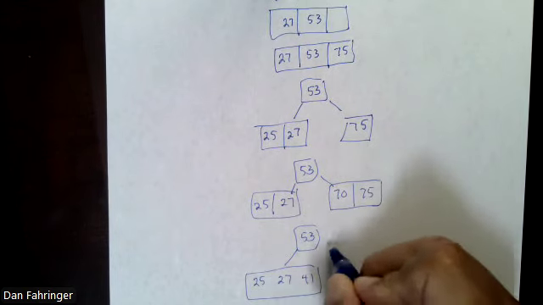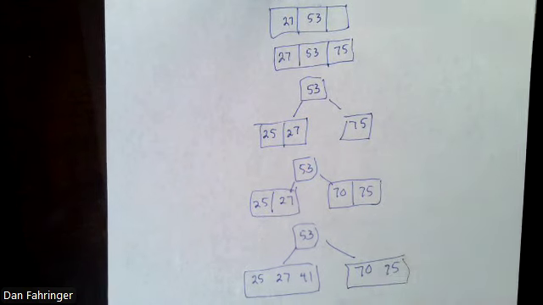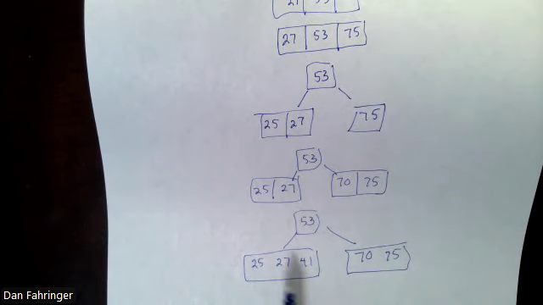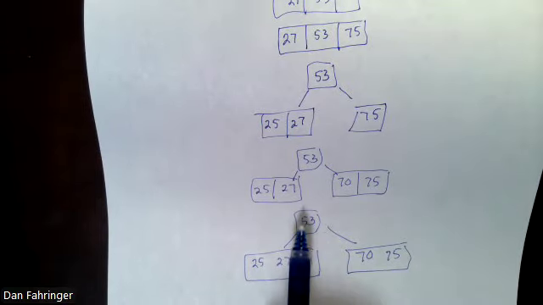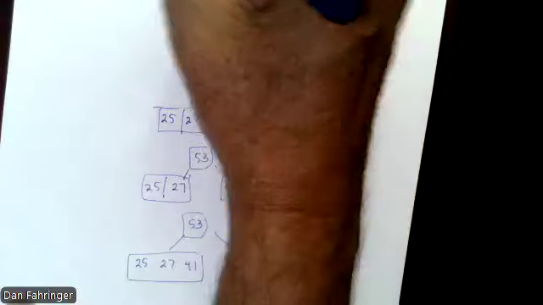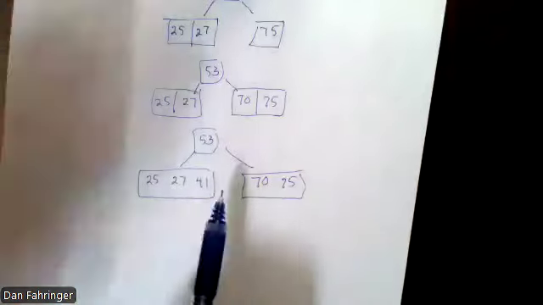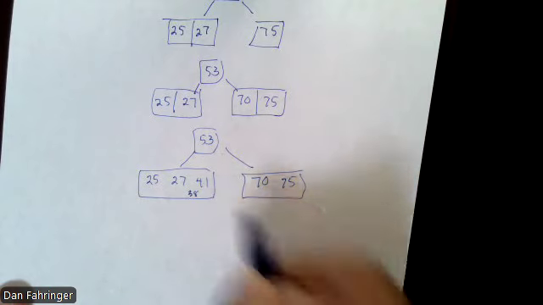Now, what's going to happen is if I get another number on this left side, we're going to split it because this one's too big. This time we're going to move a value up. So my next number just happens to be 38. When I come in, 38 makes this side too big, right? 38 is going to slide in here.